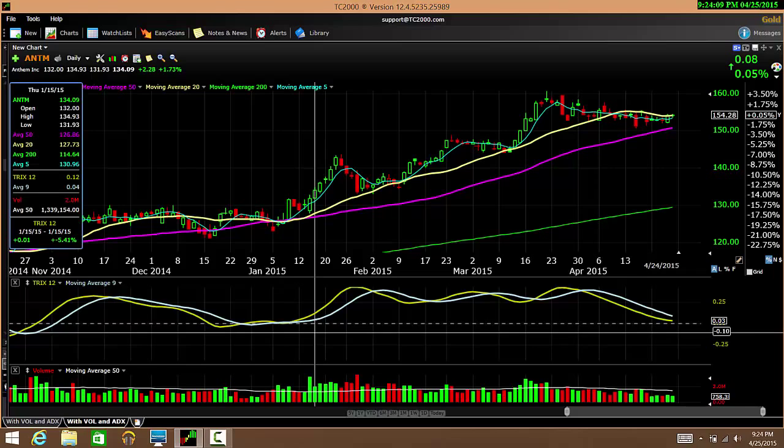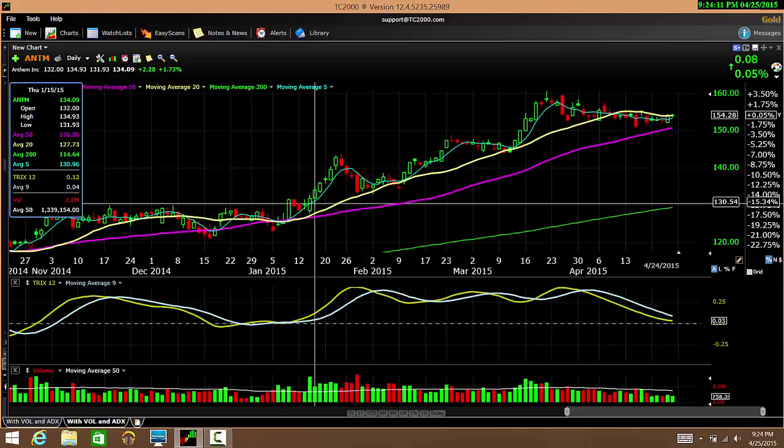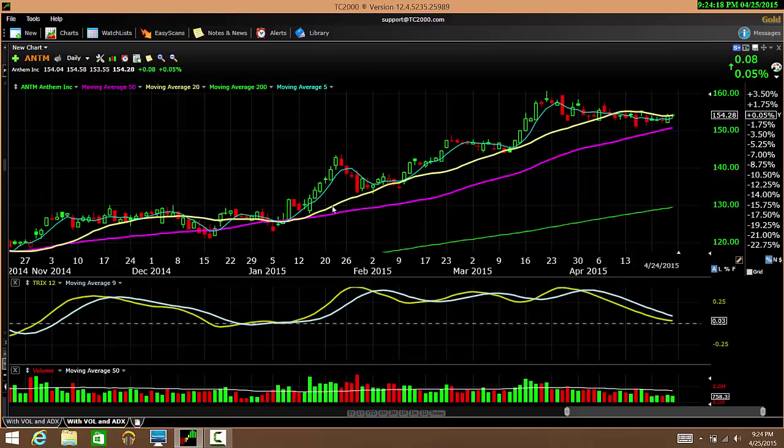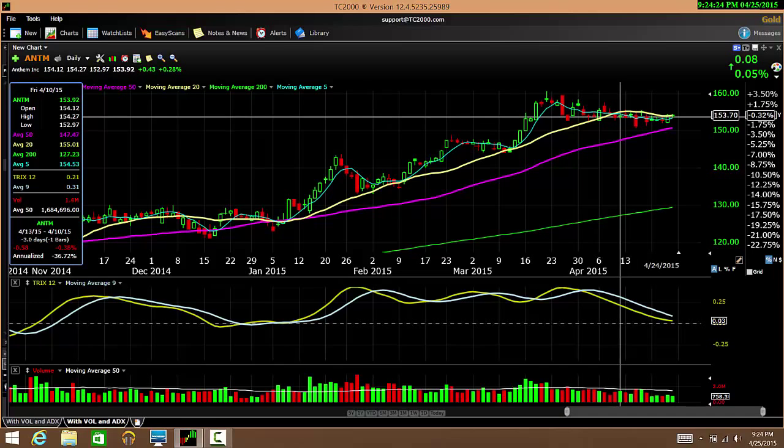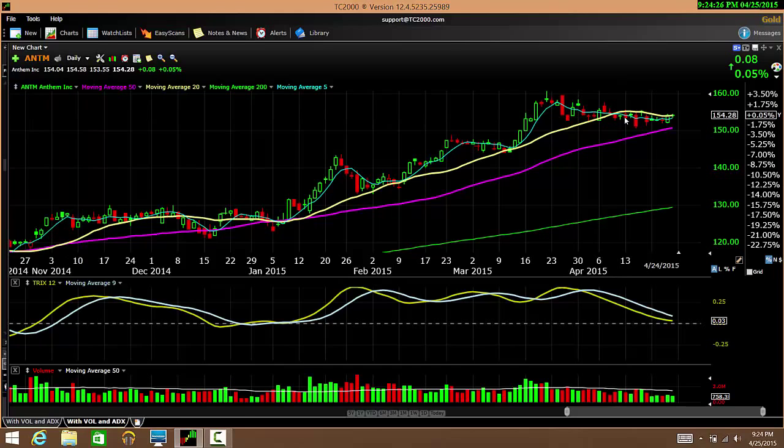But then this buy signal, for instance, does a lot better. So if you purchase a stock at 130 and hold it to about here, 154, you're doing really well.